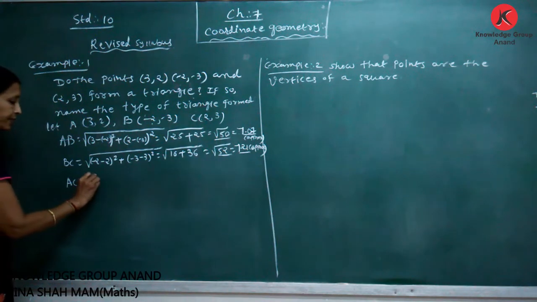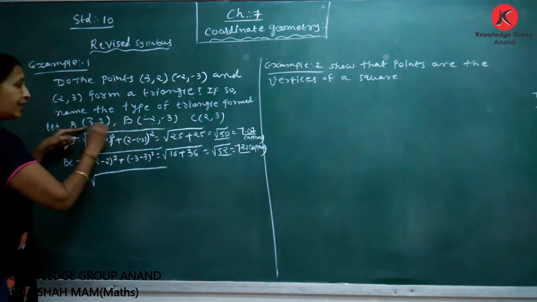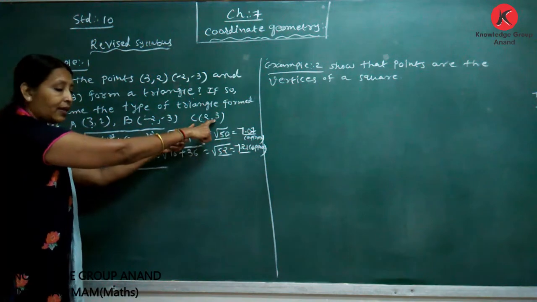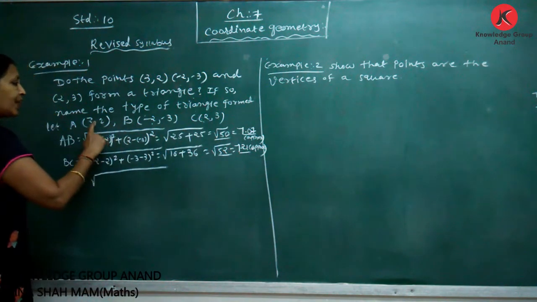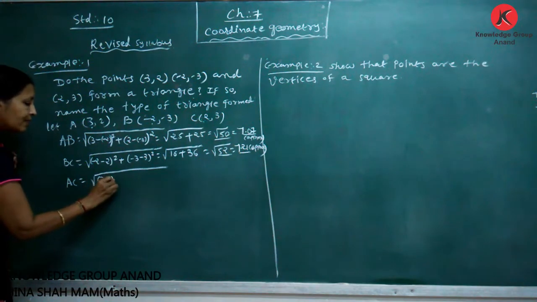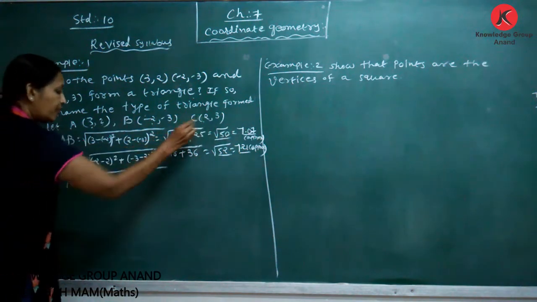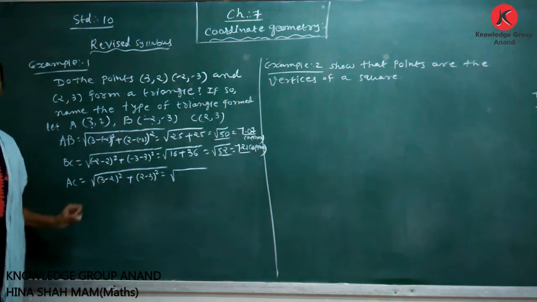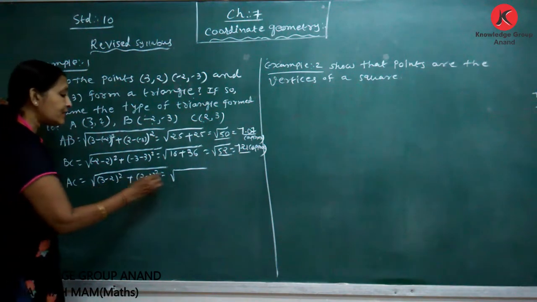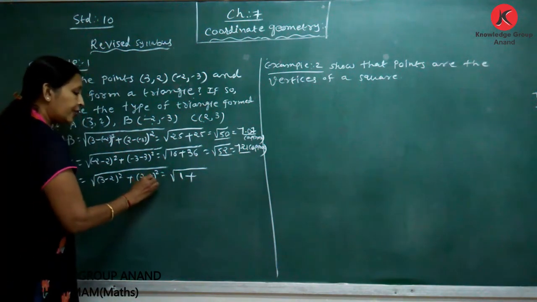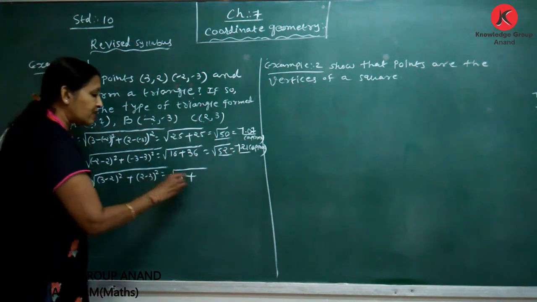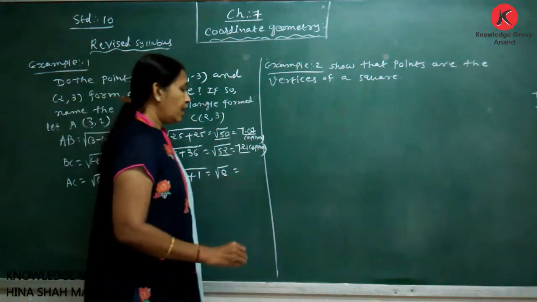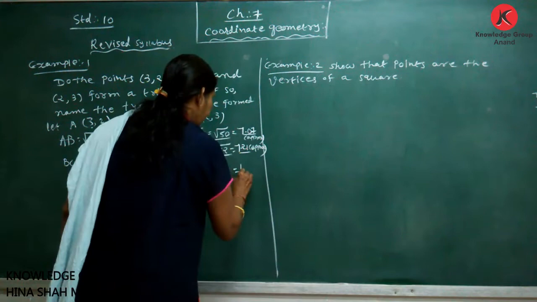Therefore AC is equal to the root of (3 minus 2) whole square plus (2 minus 3) whole square. 3 minus 2 is 1, 1 square is 1, plus 2 minus 3 is minus 1, square is 1.